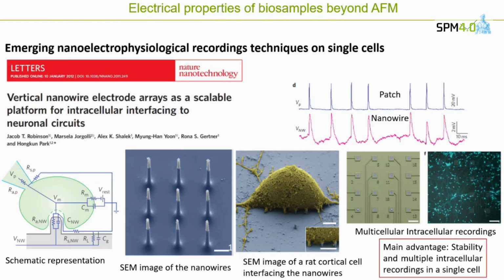When they penetrate the cell, they break, they porate the membrane, and then you have a current flow from the inside of the cell to the outside of the cell. And in this way also, you can record, let's say, an action potential that resembles the one that you get with patch clamp.